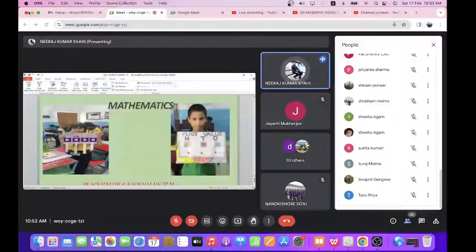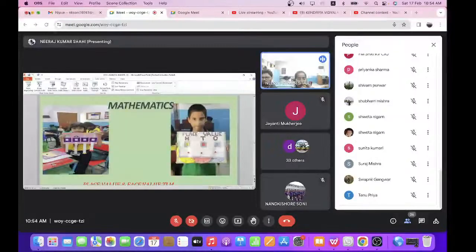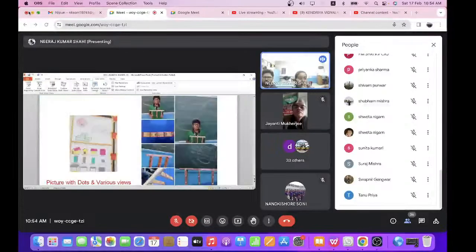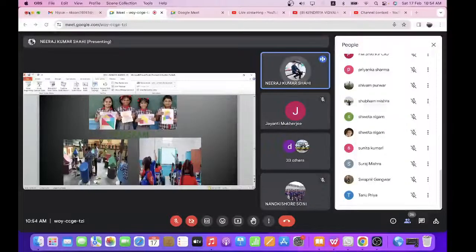The mathematics, and yes, these two pictures are for the mathematics TLM representing place value and face value. And also these are some pictures in which 3D shapes are made with dot papers. In our Vidyalaya we have a mathematical garden, and the students also made the tangram project.